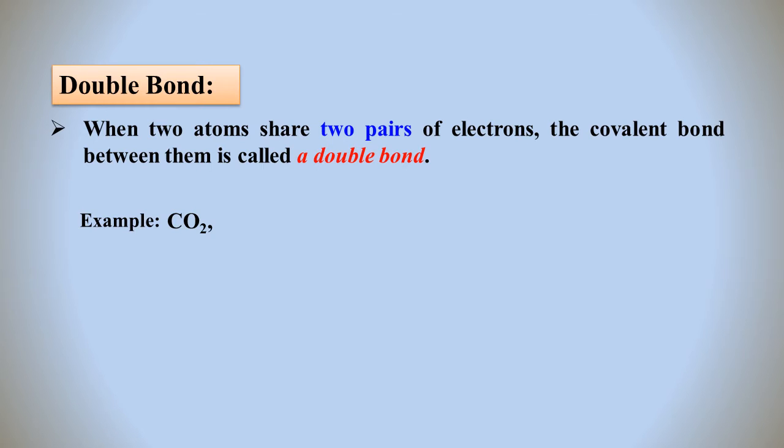Okay, as we said, we have here another example. We said methane, CH4, and ethene, C2H4. Here we have 2 carbon atoms.